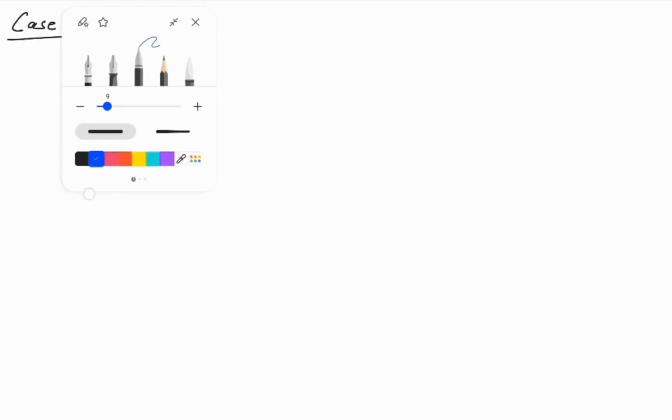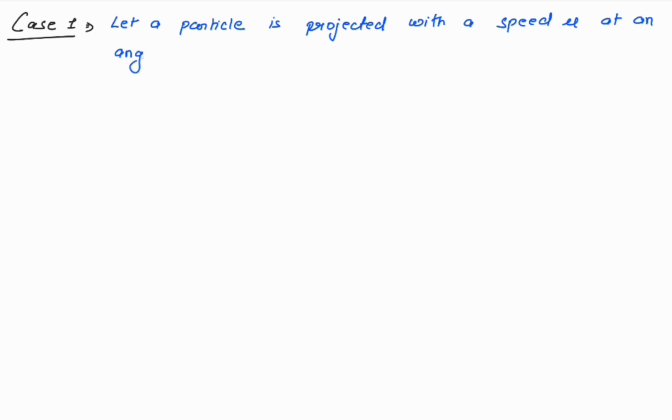For that, let us consider a particle is projected with an initial speed, initial velocity u, at an angle theta from the x-axis.